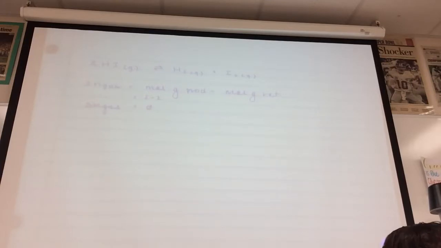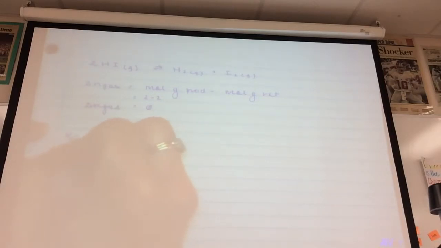What we're going to be doing is setting up the RICE approach. The first thing we're going to do is try and calculate Kc or Kp from experimental data. Previously, when you were calculating Kc or Kp, equilibrium concentrations or equilibrium pressures were provided to you, so it was very easy.